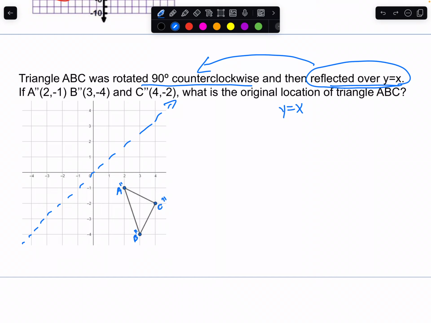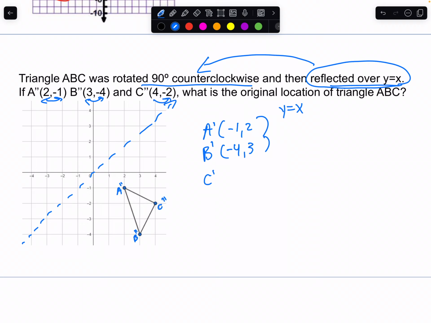So I can take the points. I can do A prime, B prime, and C prime. When I switch the values, this becomes -1, +2. For B, I get -4, +3.